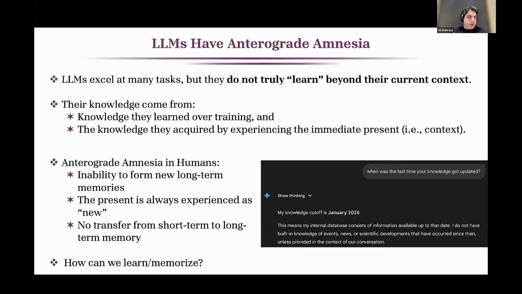The person can keep their memory from before the onset, so that's unchanged, but they are experiencing the present over and over, and there is no formation of new long-term memories. The main reason for that is there is no transfer from short-term to long-term memory.